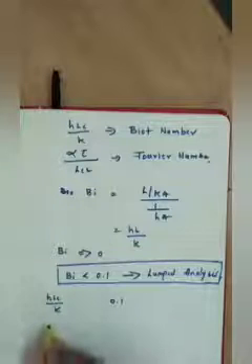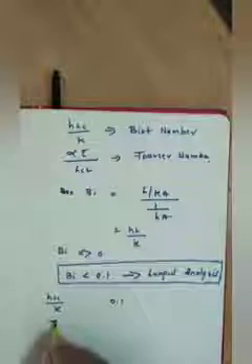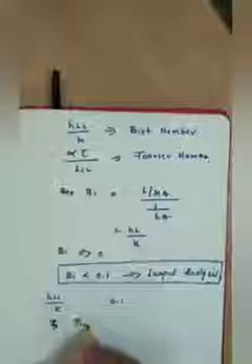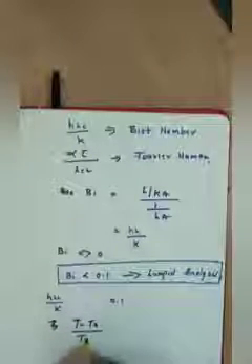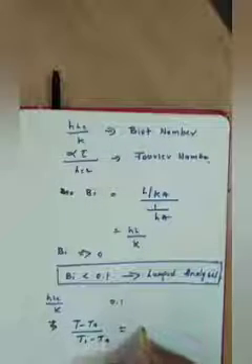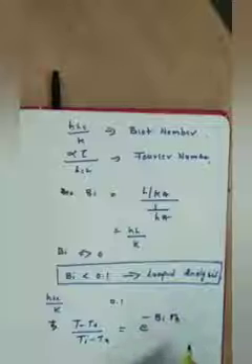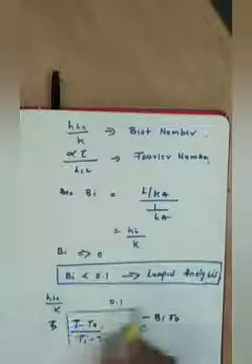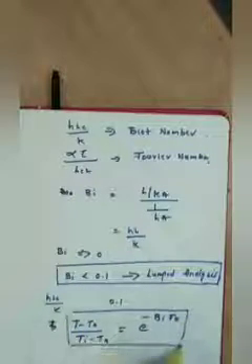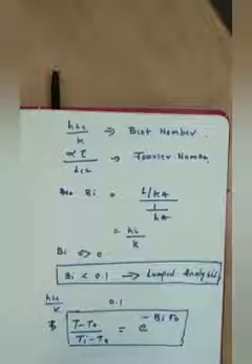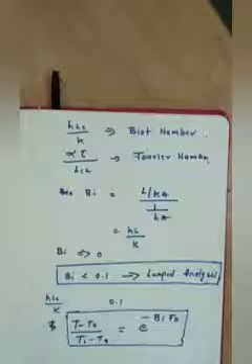Now we can write the temperature distribution equation: T minus T infinity over T initial minus T infinity is equal to e raised to minus Biot number into Fourier number. This is the temperature distribution equation in terms of Biot number and Fourier number.